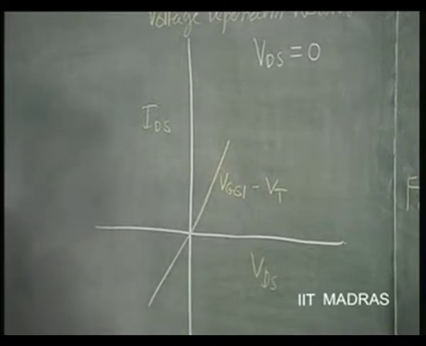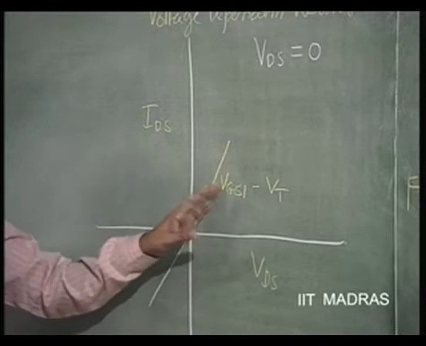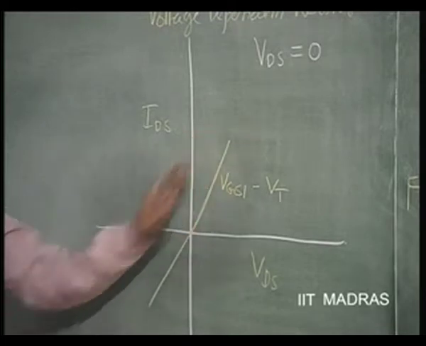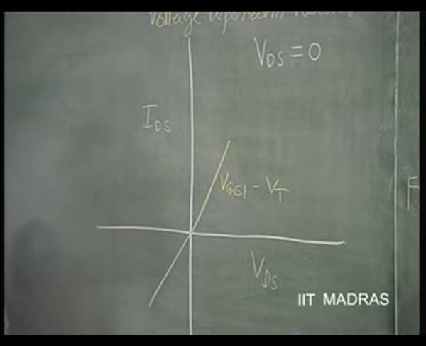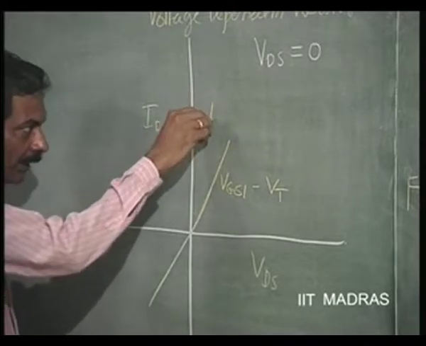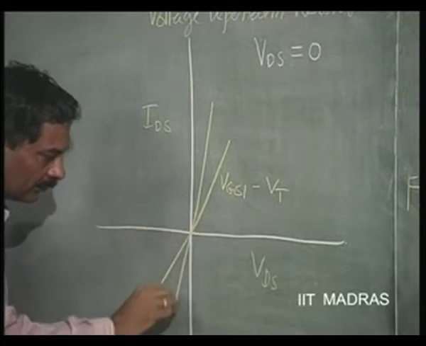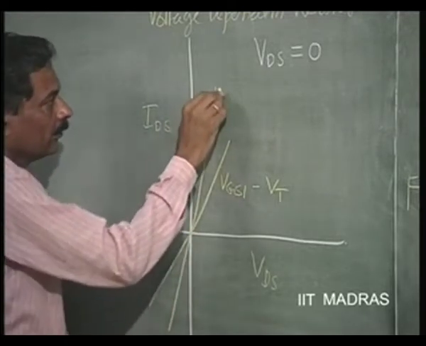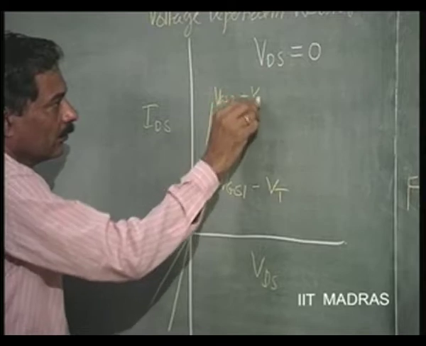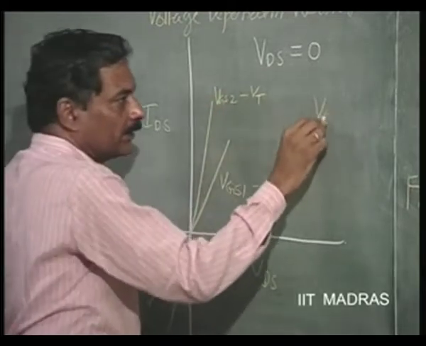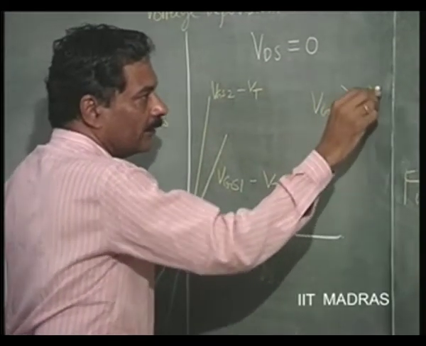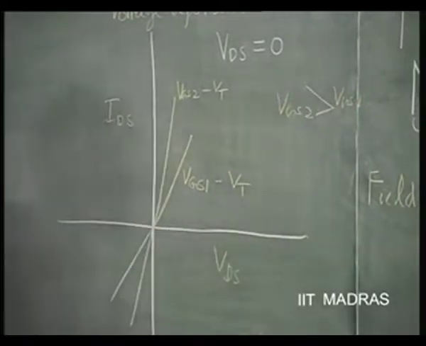Another characteristic, for a higher value of VGS, let us say VGS2, what will the characteristic look like? The resistance is lower. That means the characteristic will have a slope like this. VGS2 greater than VGS1. This is the characteristic.